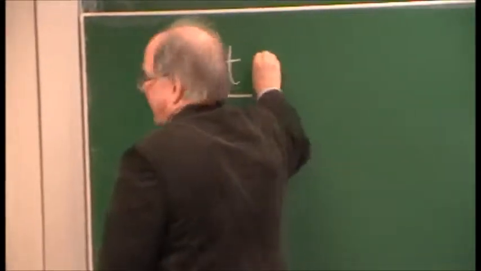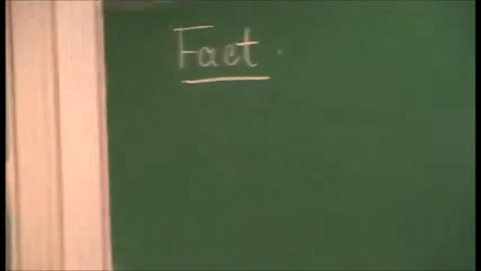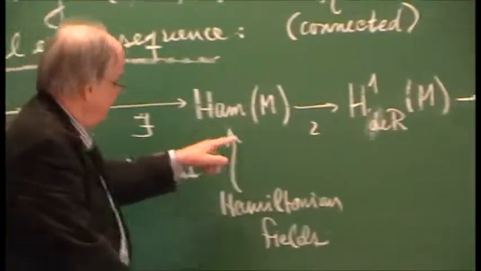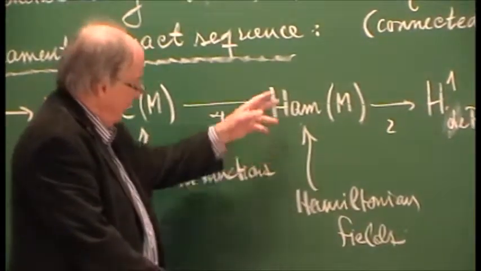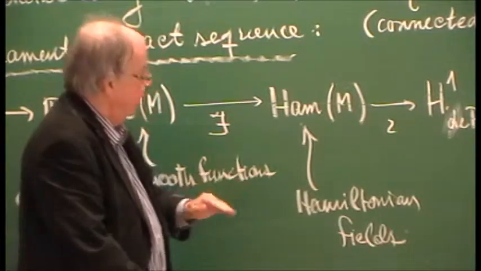Okay. So I guess, let me write, here's the first fact. I'm talking about this basic sequence here, and I've defined what these Hamiltonian fields are. They're the ones that really are invariant by the local flow.